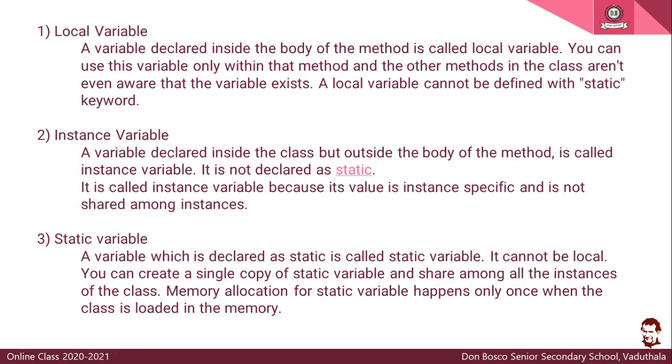The next type is the instance variable. What is meant by an instance variable? The variable is declared just under the class name. A variable declared inside a class but outside the body of a method or outside another block is called an instance variable. It is not declared as static. An instance variable has a special meaning in Java.